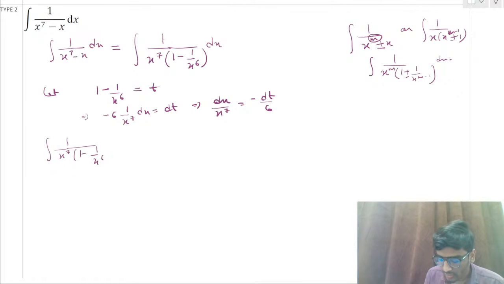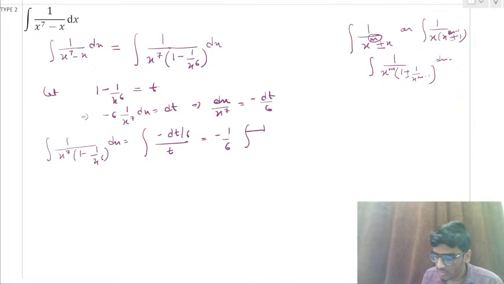So our integral changes into 1 upon x to the 7 times t, times dx, which will become dt upon 6. So in the denominator, what we will get is t. It is nothing but 1 upon 6 integration of 1 upon t dt. How are we going to integrate this?